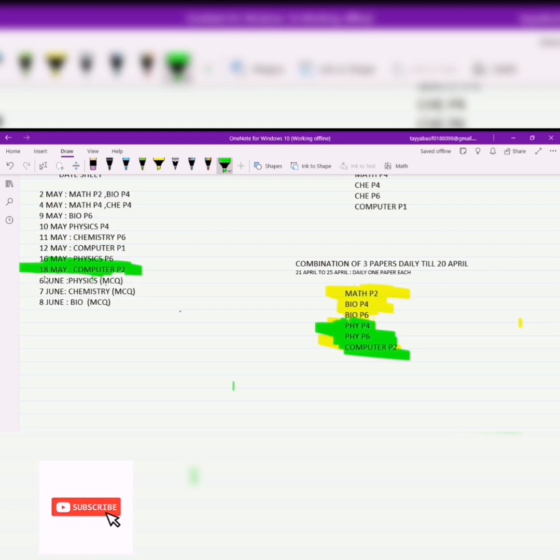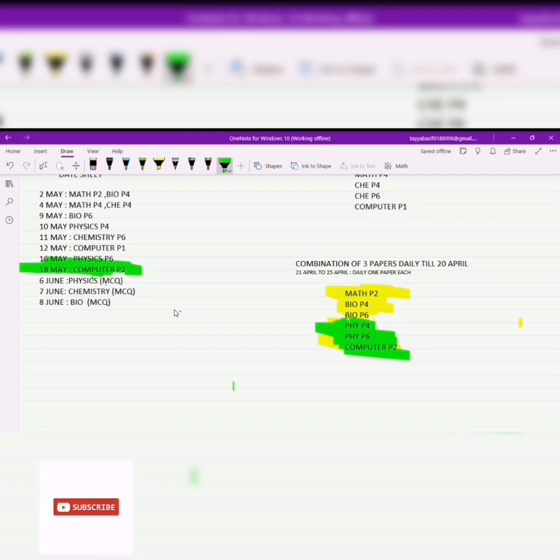From 18th May to 6th June, you can solve one paper daily, and in this time frame you will be able to solve 5 years of past papers, all variants of MCQ papers. So this is a very smart way of utilizing your time to get the best output you can.